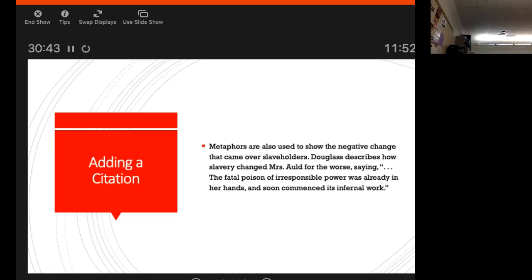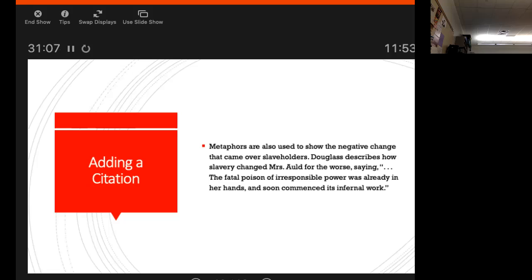Okay, if this is on page 19, I've got to figure out how I'm going to cite this. Do I need Frederick Douglass's name in the in-text citation the way that they've written it out? No. Why not? It's got Douglass's name right there. I am assuming you've probably used Douglass's name a lot in your paper.